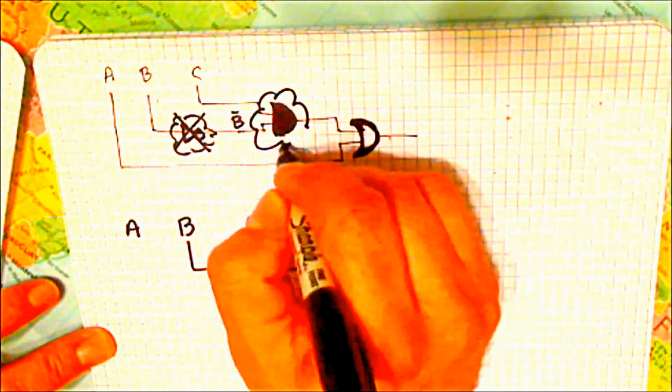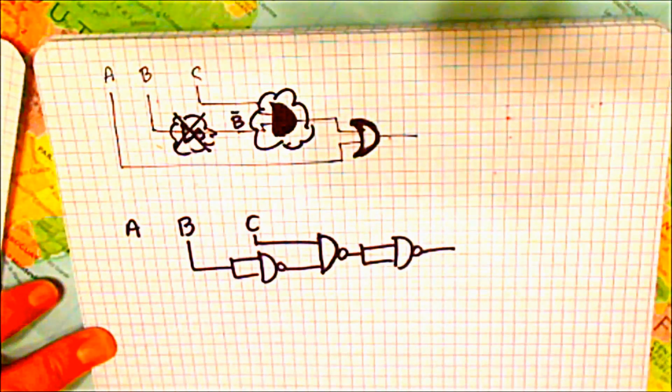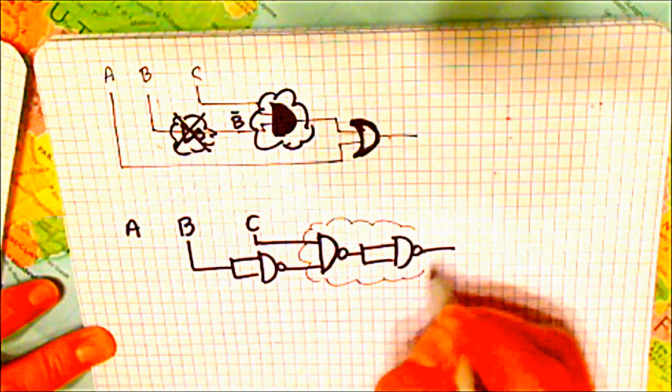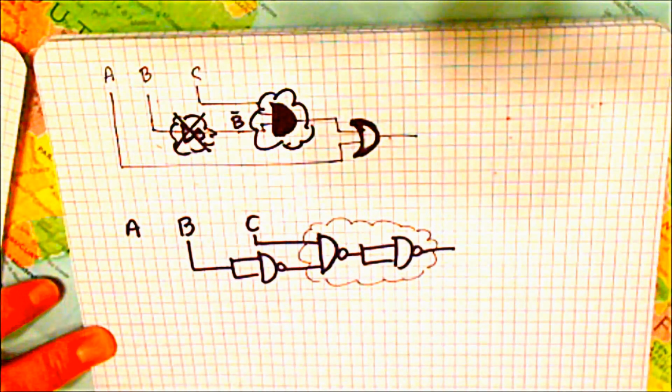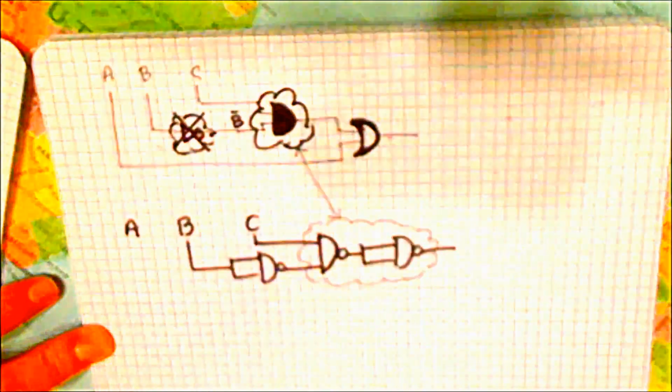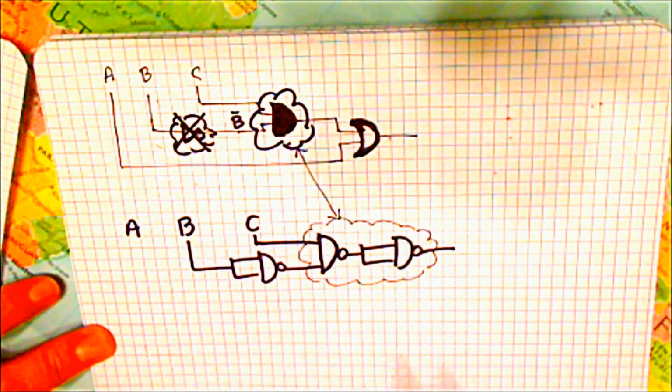So we replace that cloud with this stuff, which is its gate equivalent. So that cloud and that guy are gate equivalents.